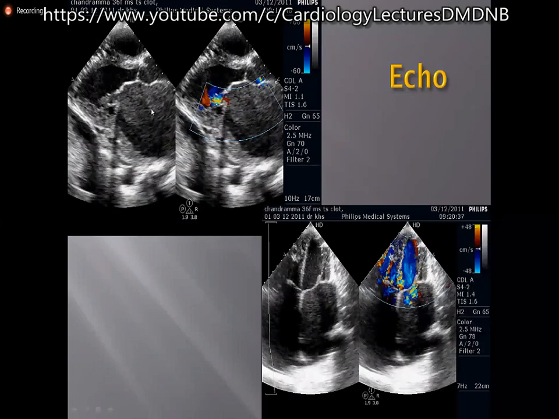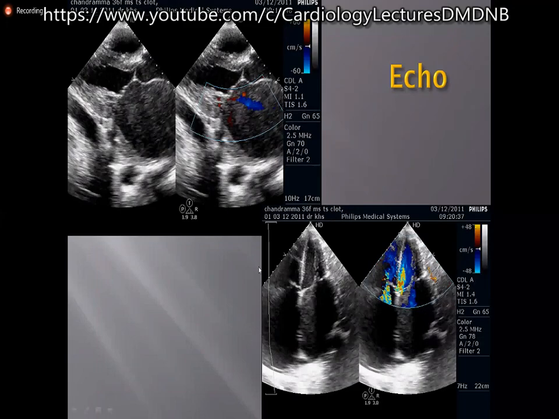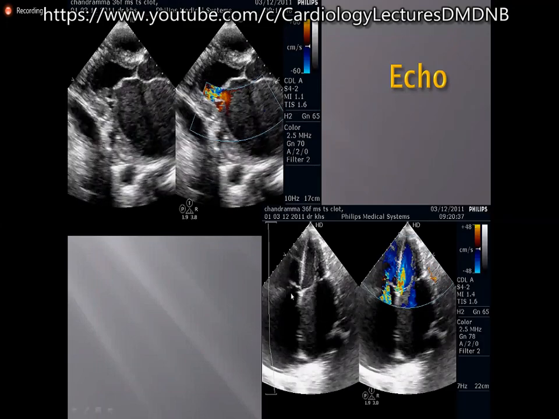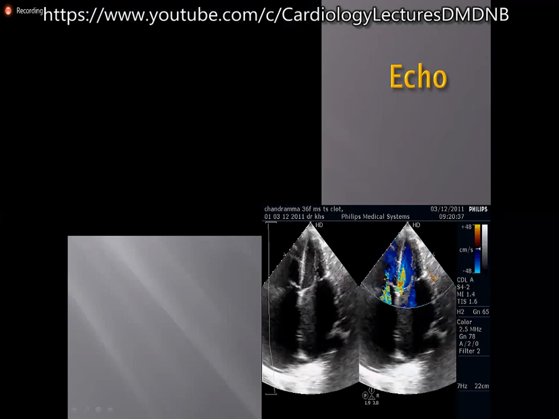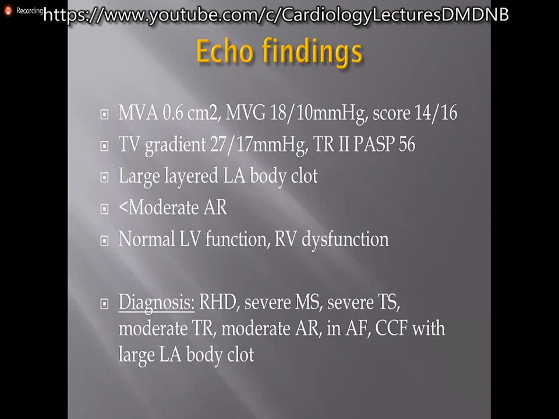There is a spontaneous echo contrast, and in the apical four chamber view, you can see here an organic tricuspid stenosis. So this is what? Severe MS, severe TS, moderate TR, moderate AR, in atrial fibrillation, congestive cardiac failure with large LA body clot. I think a large LA body clot and patient is extremely symptomatic.